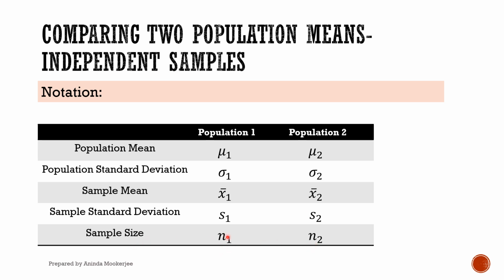So we always have to keep them separated when we note our data for each of them, and make sure that we don't mix up. We shouldn't put N sub 1 as the sample size for sample 2 and so on. So we have to be careful about that.